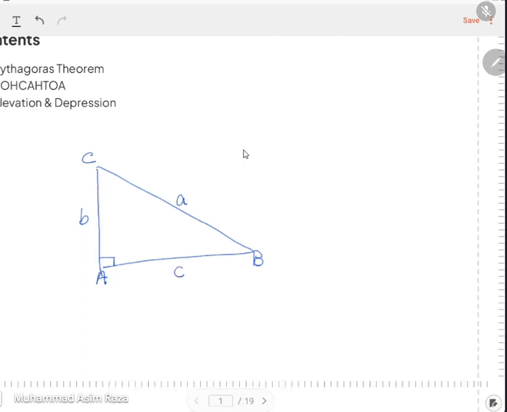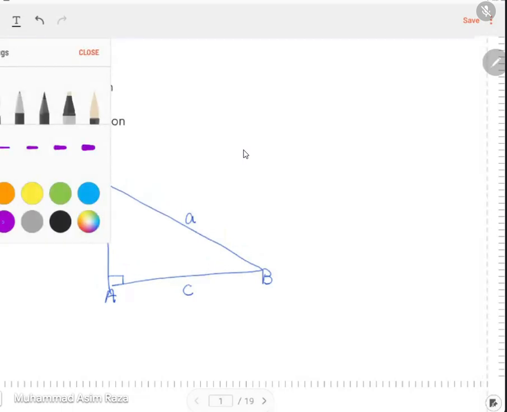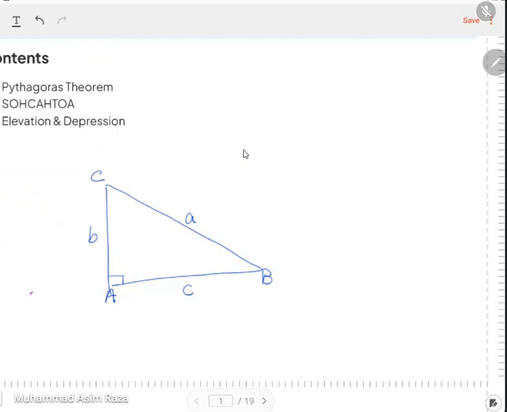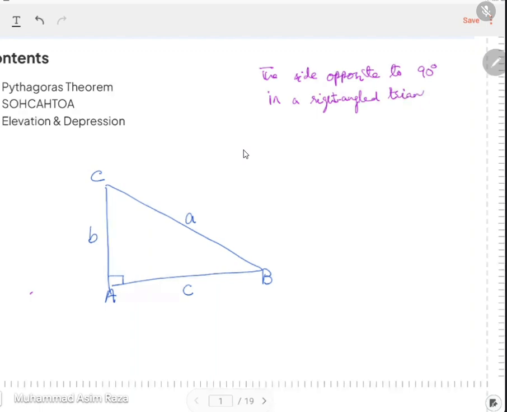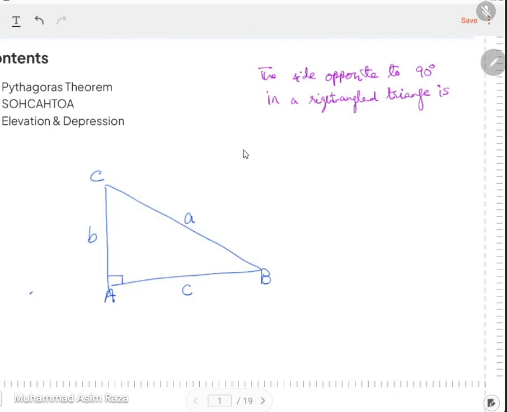Now you need to learn it, memorize it, that the side opposite to 90 degrees in a right angled triangle is called hypotenuse.